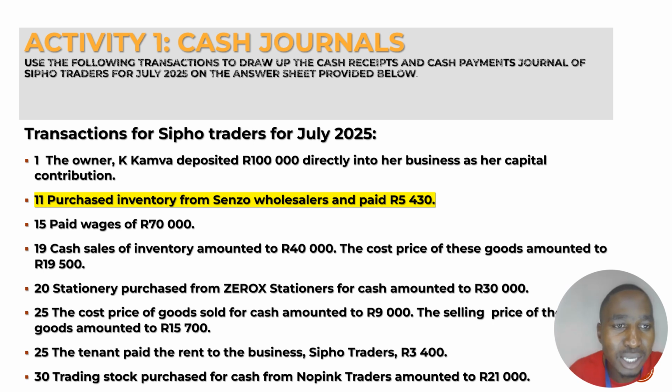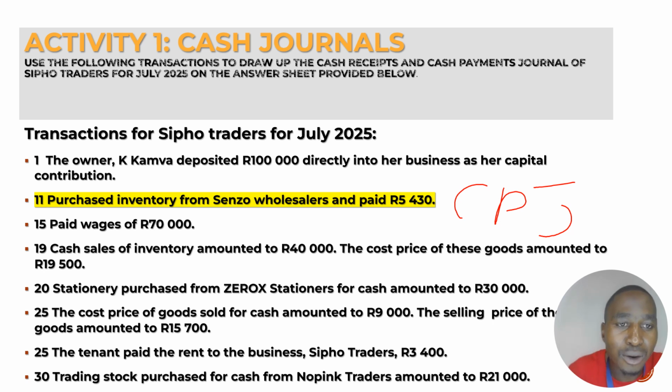Whenever you see the words purchased, bought, paid, we record in the CPJ. So it means we'll go and record in the CPJ.